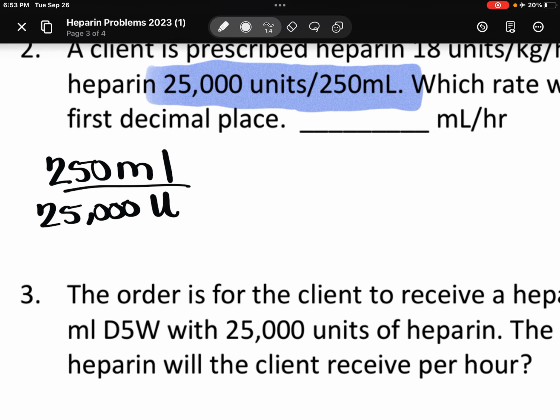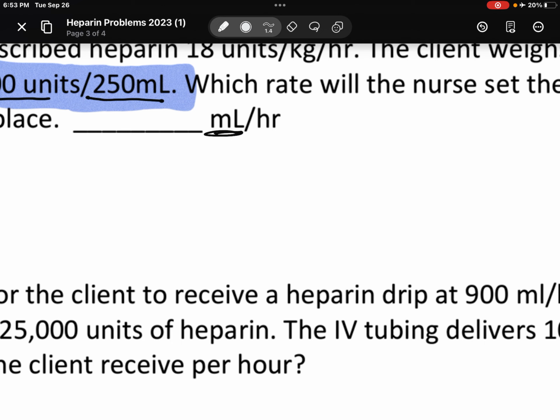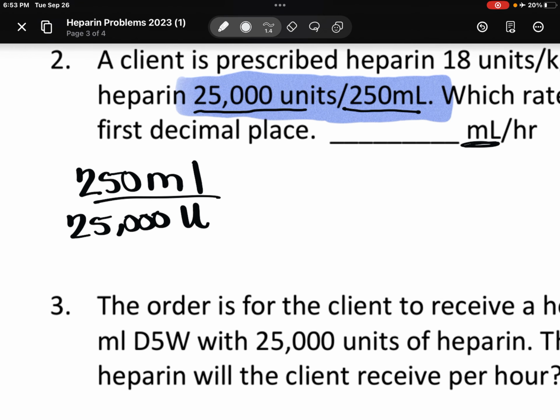It just flipped, because I know that right here is 25,000 units over 250 milliliters, but for my problem I need my milliliters on top. So that's why I have flipped my problem, to get my milliliters on top. Just to explain that a little bit.